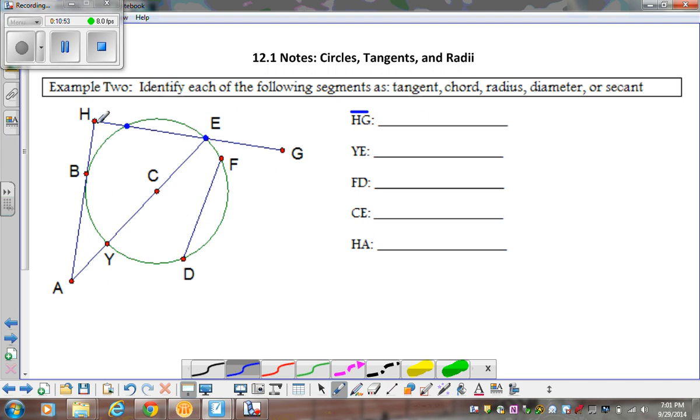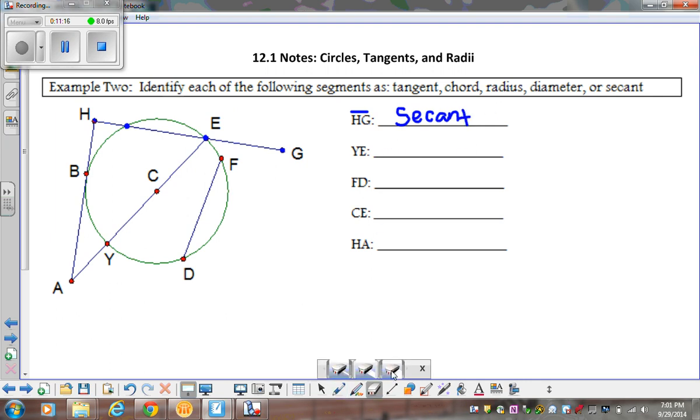So if we look at point H and point G, those are both outside the circle, which means they didn't stop on the circle, they kept going outside the circle. So segment HG touches the circle twice but keeps going. So segment HG is going to be a secant. And again, forgive my handwriting, I'm doing this with the mouse.